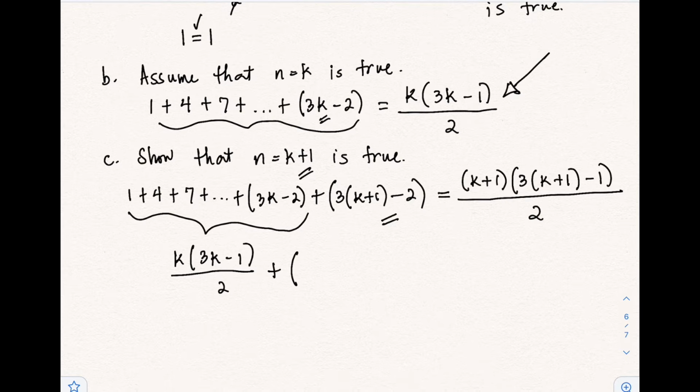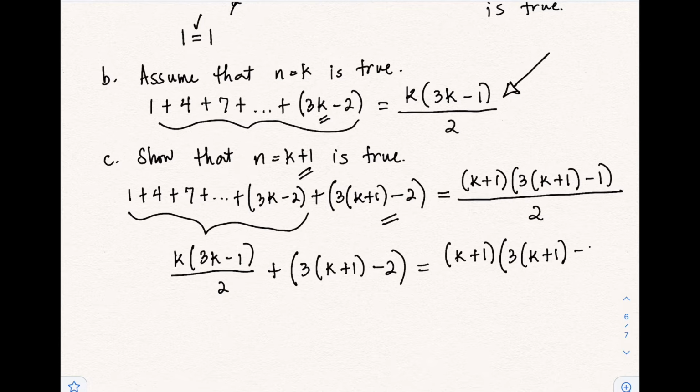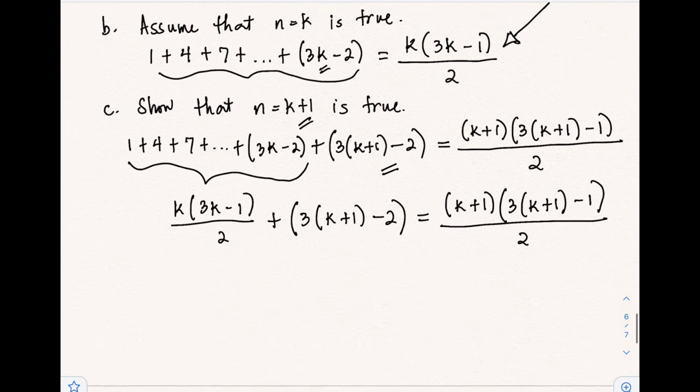We have the quantity of 3 times the quantity of k plus 1 minus 2. Okay? And this equals to k plus 1 times 3 times the quantity of k plus 1 minus 1 all over 2. So, ito na ngayon yung ating magiging working equation. Okay, so simplify na natin.